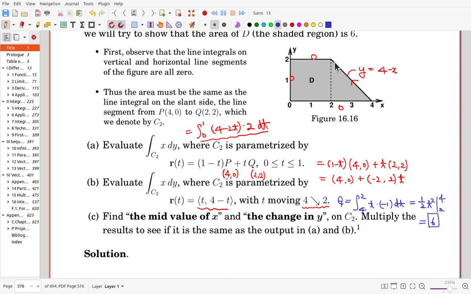By using this technique, you can get it, and in your project, you will work on this technique. You can get the exact value once the boundary is a combination of line segments, and there's no error involved. It's an exact formula. Anyway, the area here is 6.